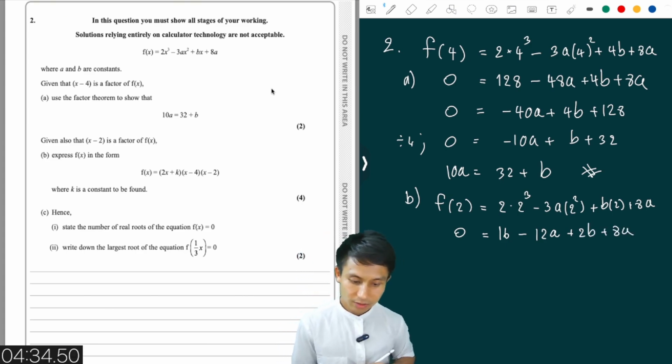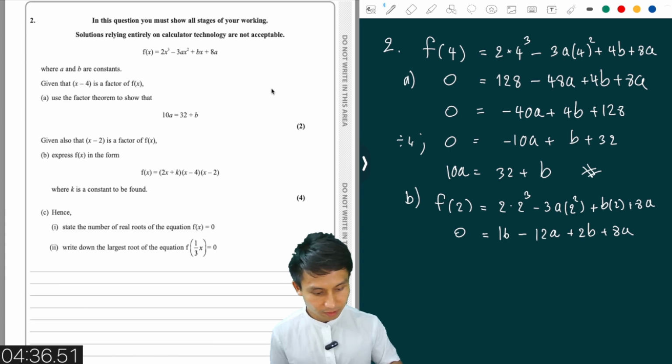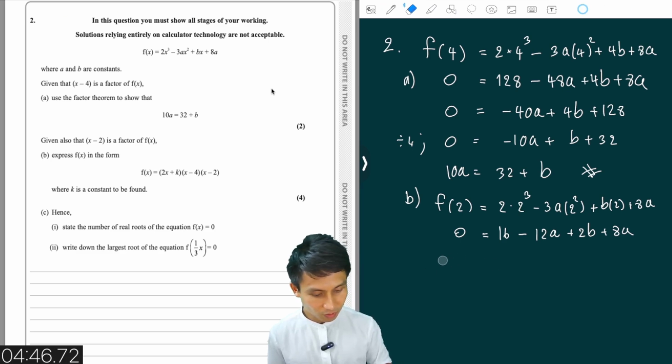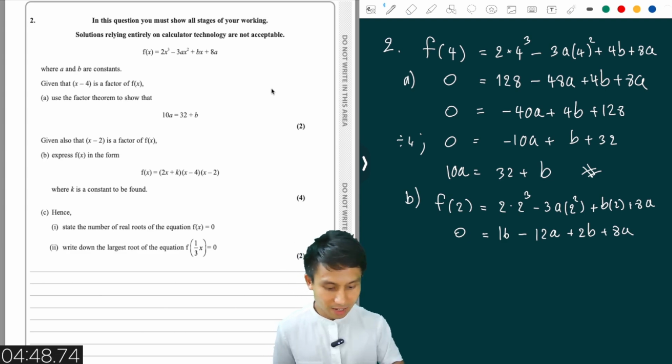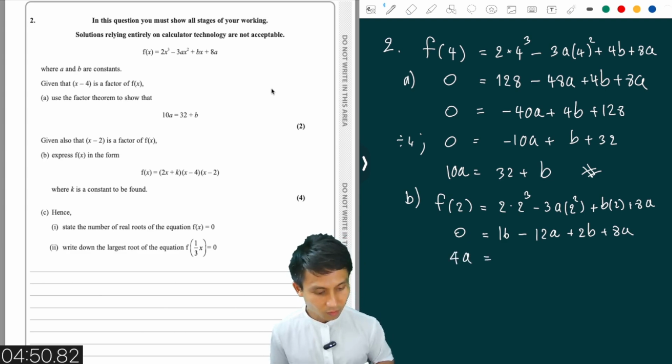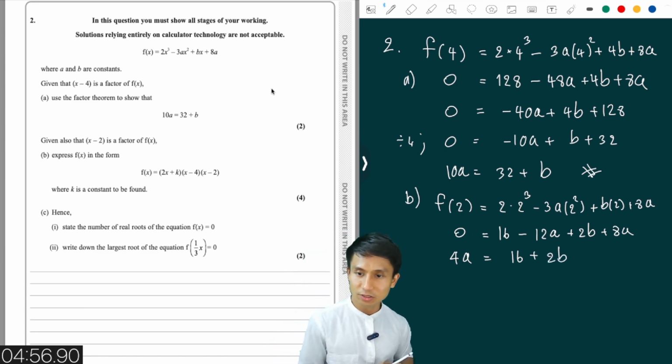So we move the 12a to the other side. Oh, hang on, it's not 12a, we also have the 8a there, so it's 4a here, equals 16 plus 2b. So that's another equation.